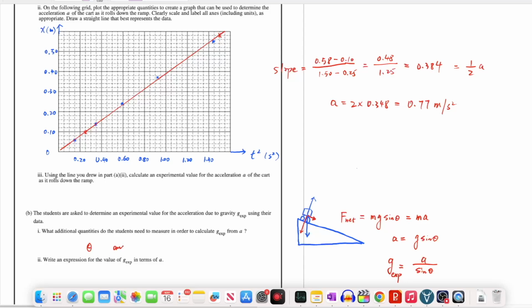This theta is the angle between the ramp and the horizontal. Write the expression for the value of g experiment in terms of a. So we already got this.